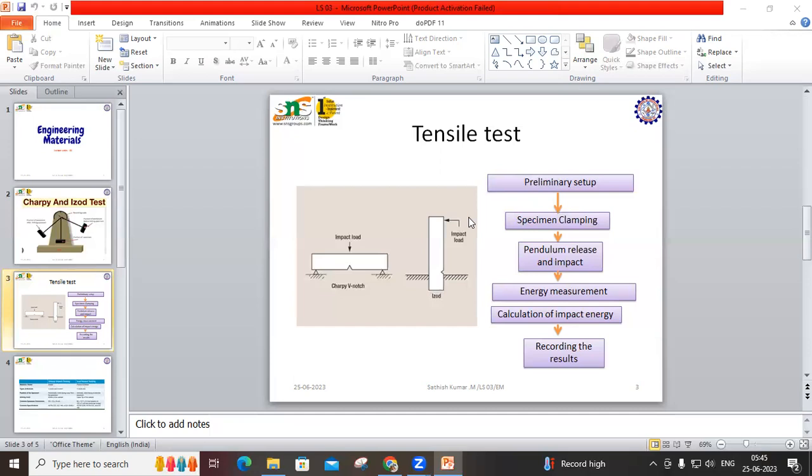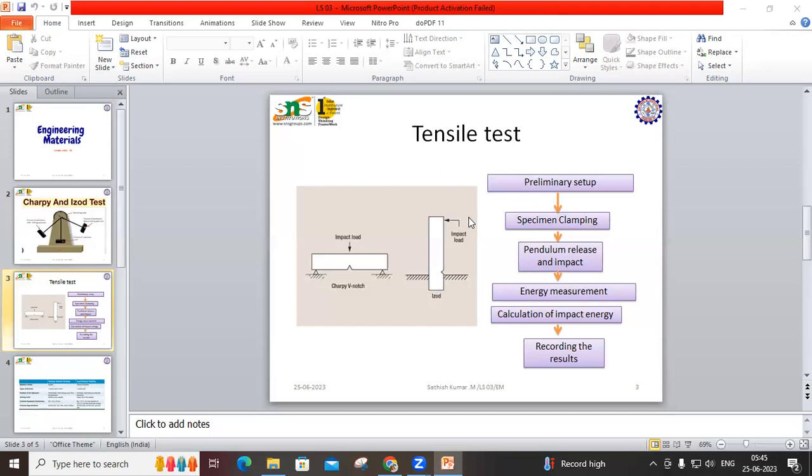Then comes the energy measurement. Upon impact, the pendulum transfers a portion of its energy to fracture the specimen. The energy absorbed or lost during impact is measured using a system that records the pendulum swing height after the impact. The difference in swing height before and after the impact provides an indication of the energy absorbed. Calculation of the impact energy is by considering the difference in potential energy of the pendulum before and after impact.